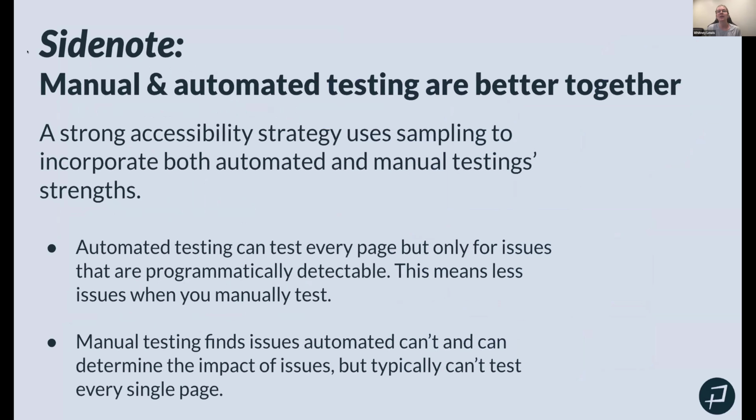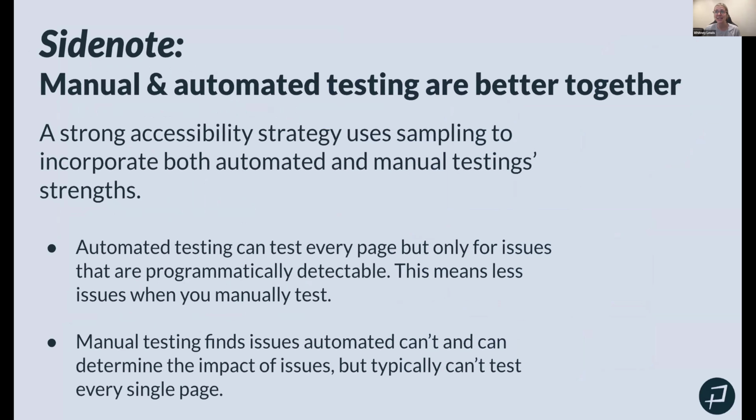A quick side note, manual and automated testing are going to be better together, because they both do really well at specific samples. A strong accessibility strategy uses sampling to incorporate both automated and manual testing strengths.